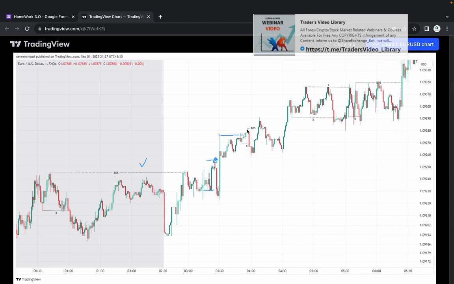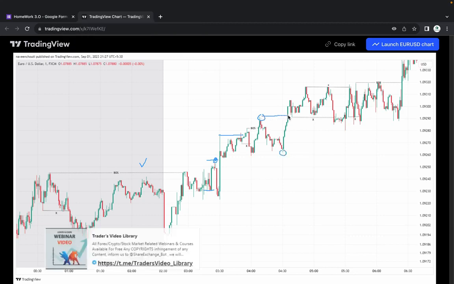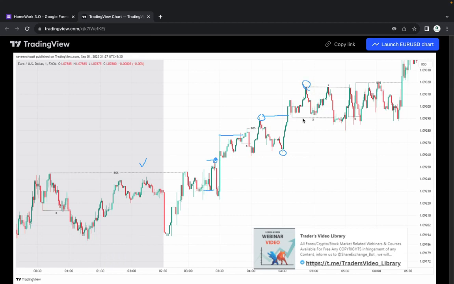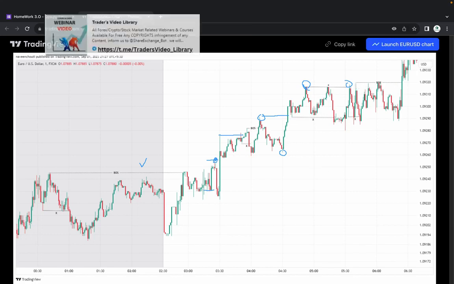This one is a liquidity sweep, next time it just closes over it, confirm higher high, higher low, again break of structure. Okay, this one higher high. Just a liquidity grab in the next attempt, finally the market breaks above it.